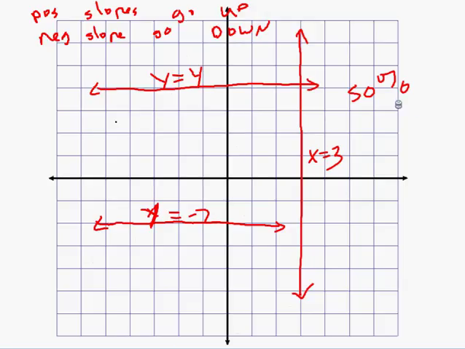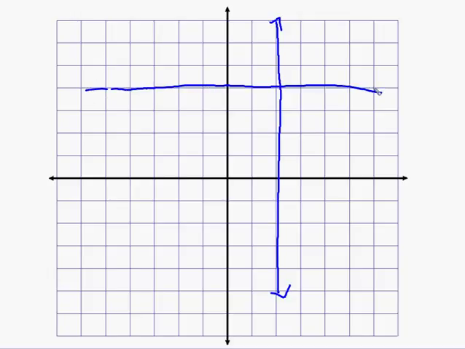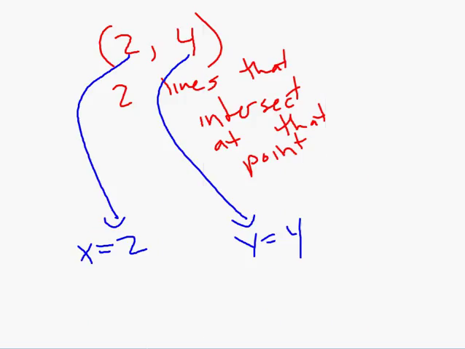So x equals 2 is this line, and y equals 4 is this line. And notice they intersect at the point (2, 4). Easy. But you can get the easy ones wrong, as many of you have found out.